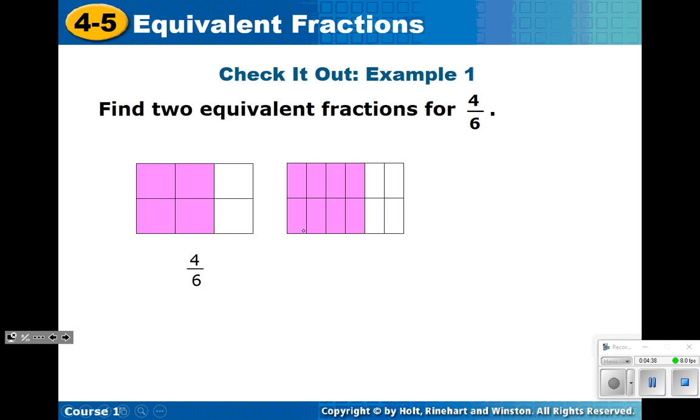It's the same. Is it 12? Yeah, it is 12. It'd be the same as if you cut it into 3 big squares and ate 2 of them. I only ate 2.